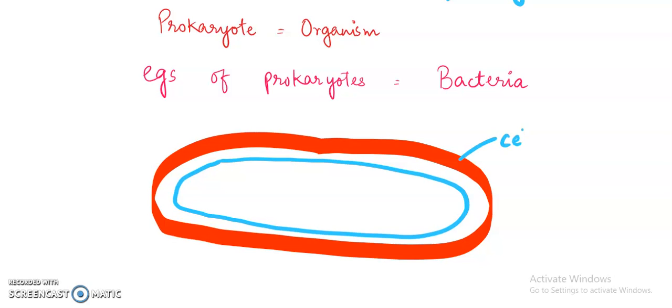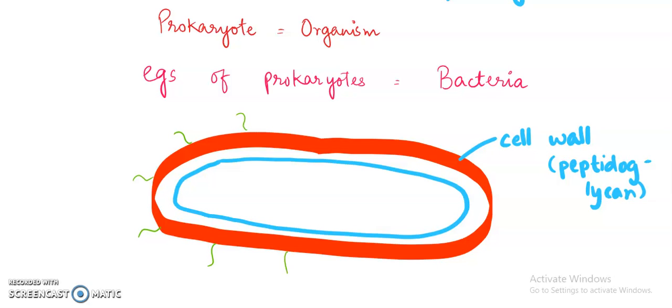So this is the cell wall of the bacteria, which is being made up of a special component which is known as peptidoglycan. Okay.